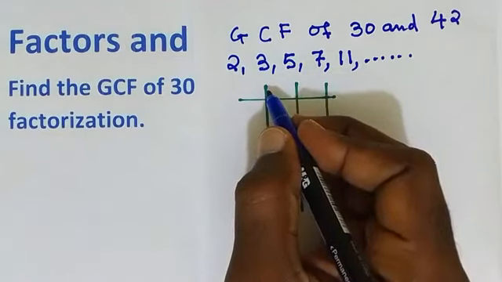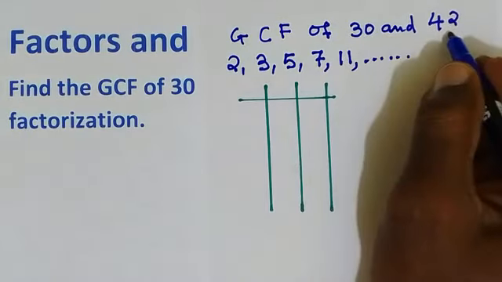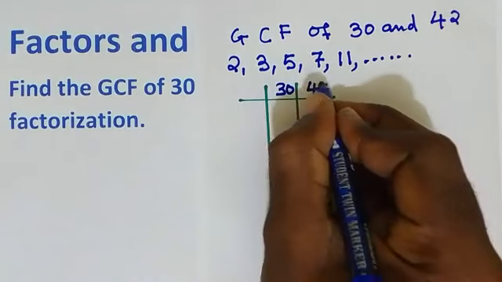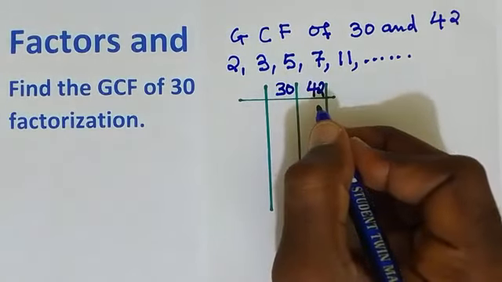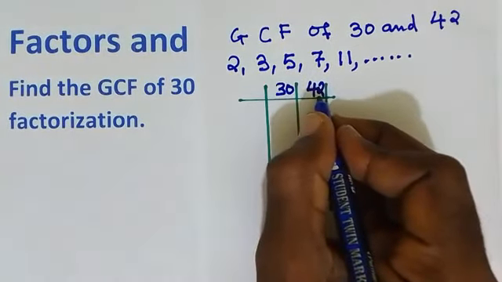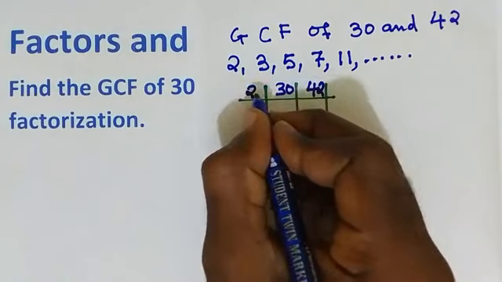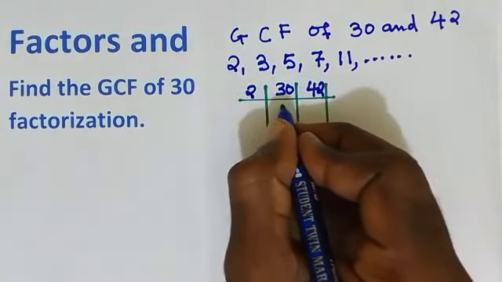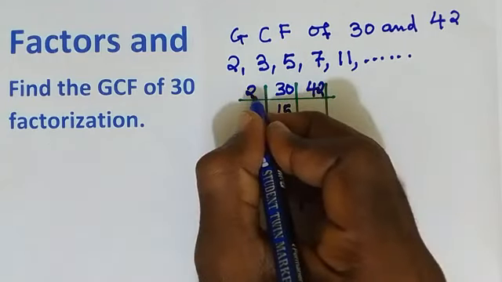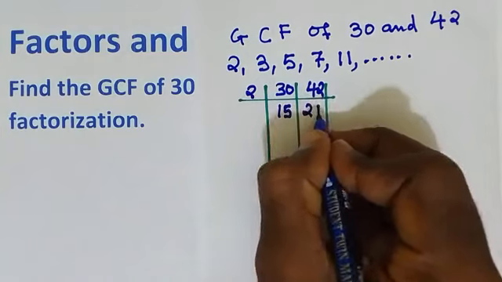Our numbers are 30 and 42. Now, we are going to start with 2. All these numbers are divisible by 2, so I'll start to divide by 2. 30 divided by 2 is 15. 42 divided by 2 is 21.